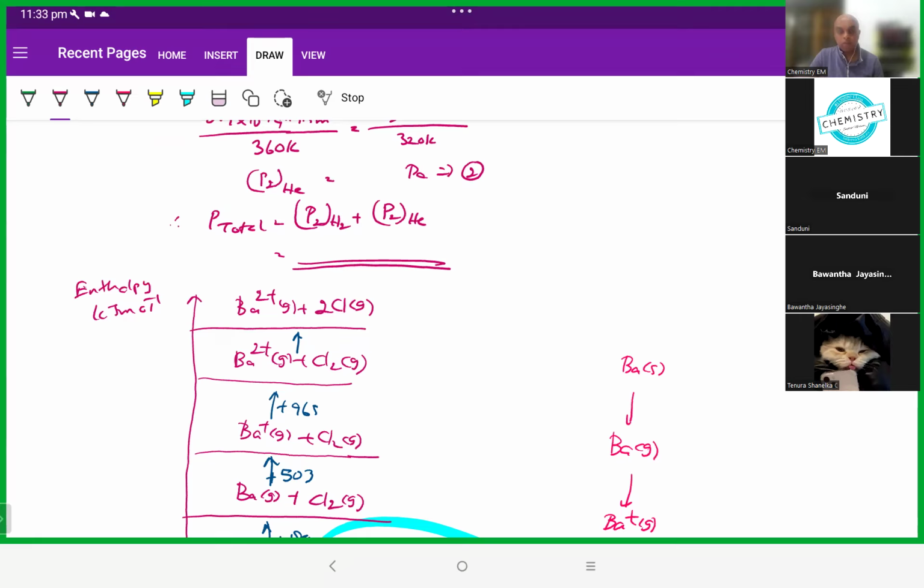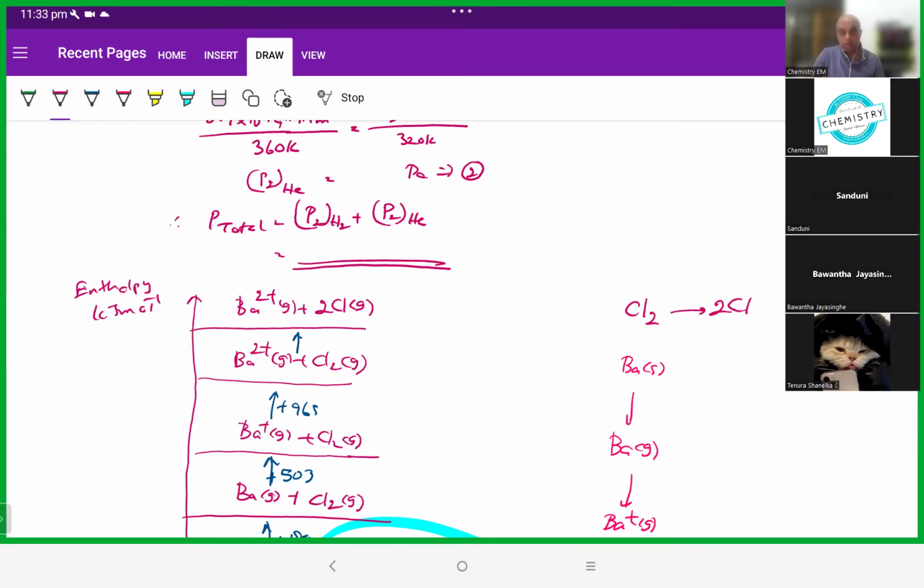Okay. 122, the atomization enthalpy of chlorine. Yes, it should be multiplied by 2. Why? Because chlorine converts into 2Cl, right?